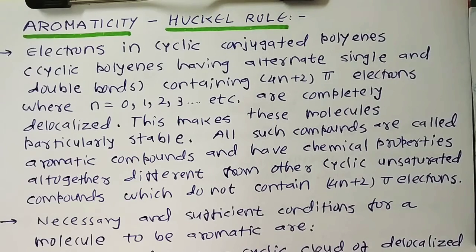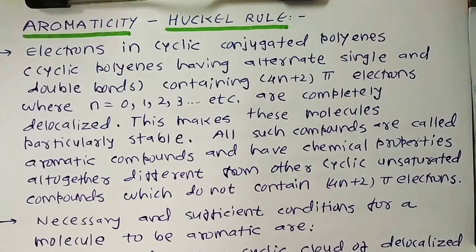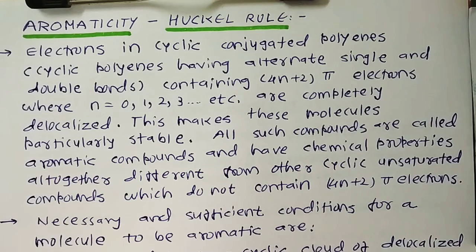Hello students, in the last session we got an idea about the structure of benzene by means of chemical reactions, physical properties, and the latest theories like molecular orbital theory and resonance theory.